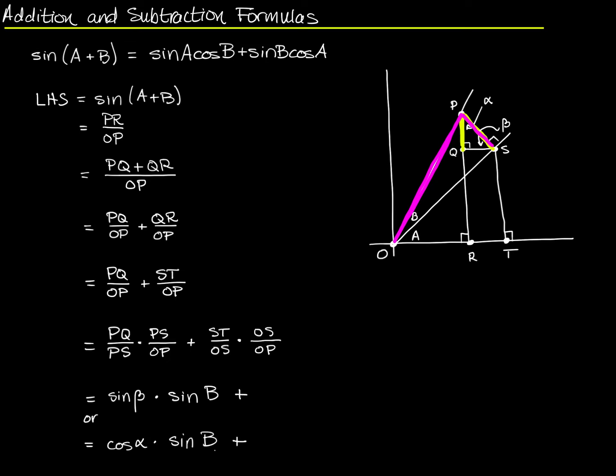Now, ST over OS, let's get a color. I think I'll do green. ST over OS is either the sine of A, because from here it's the opposite over the hypotenuse, or it's the cosine of this angle right here.